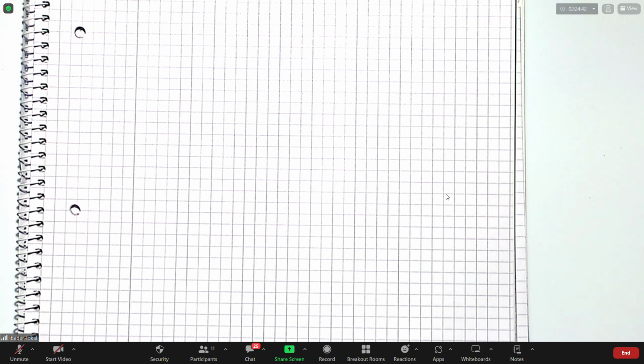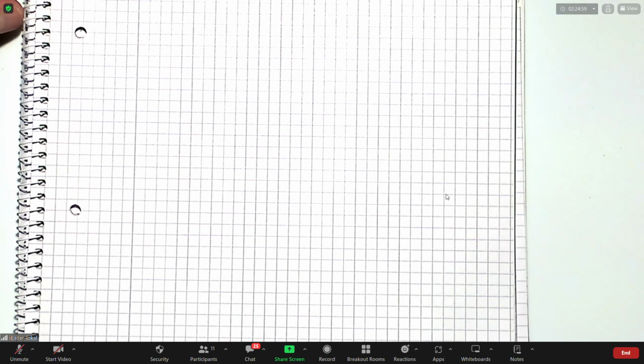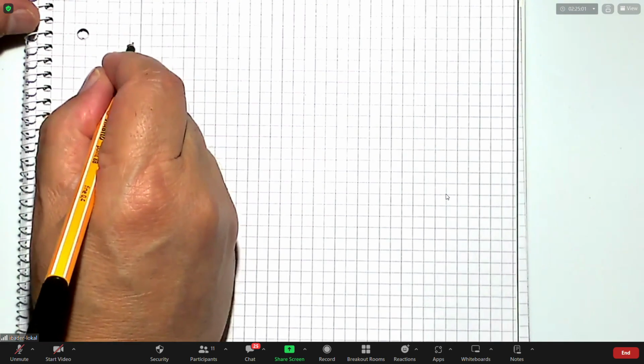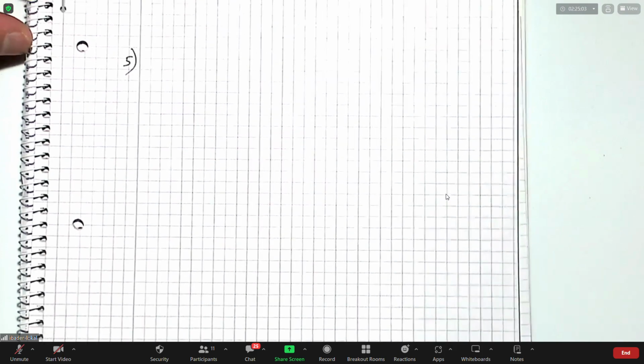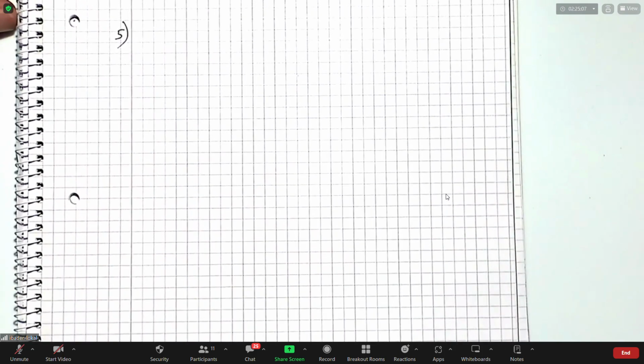So investment of a bank account or interest rates and so on. This is the so-called arithmetic sequence. So now number 5, right? 5. I hope you can see it. Arithmetic sequence.